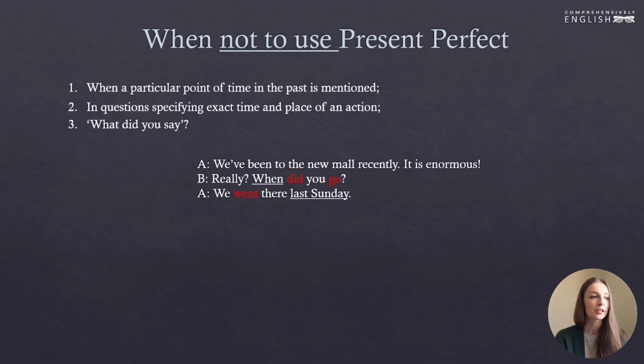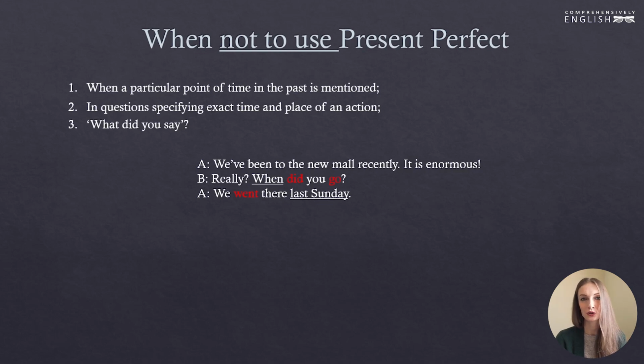So you see that in the first sentence, the present perfect is used because a person expresses a piece of his or her news. I have been there. That's something that I will now share with you. In the second sentence, another person asks when. And this when nails us to a particular moment in the past. So when a particular point of time in the past is mentioned, the present perfect is not used.